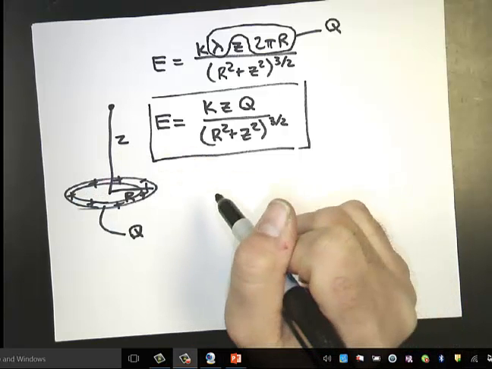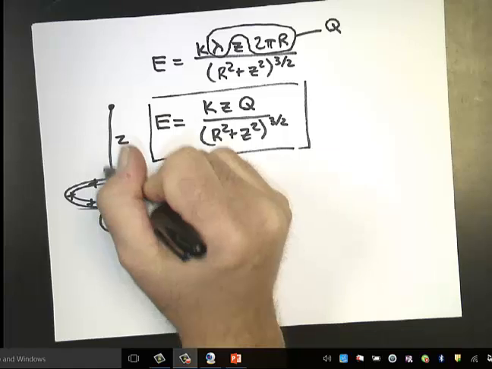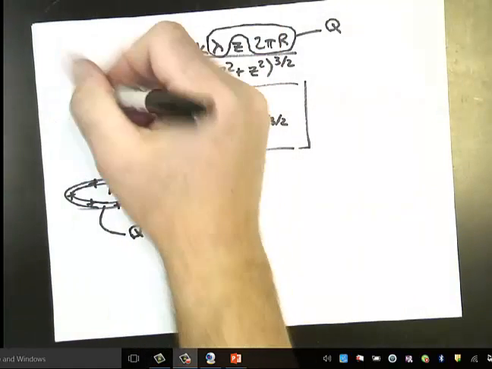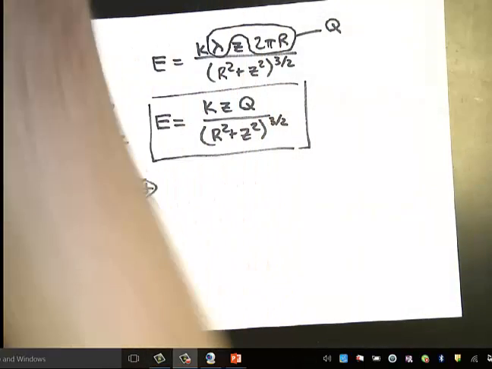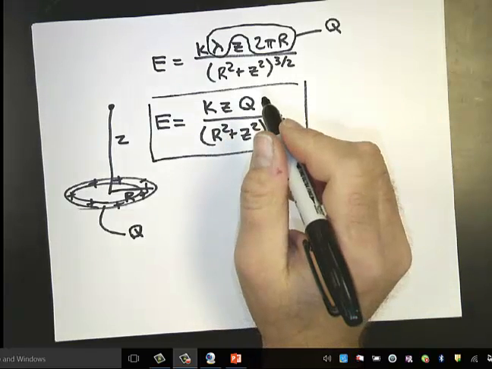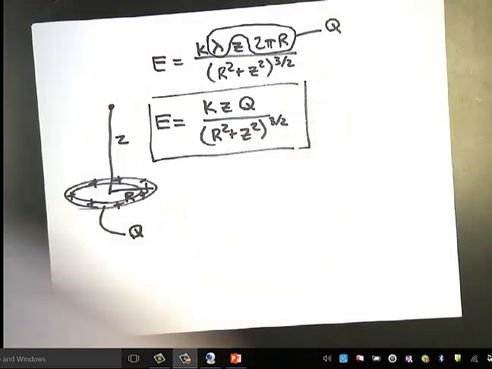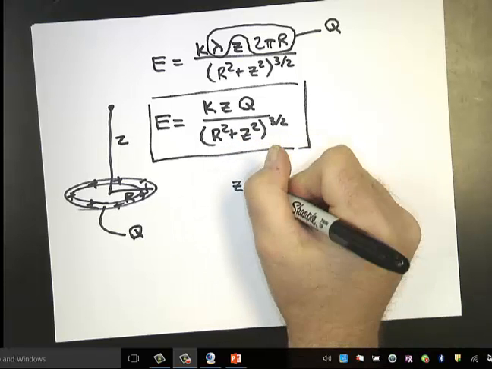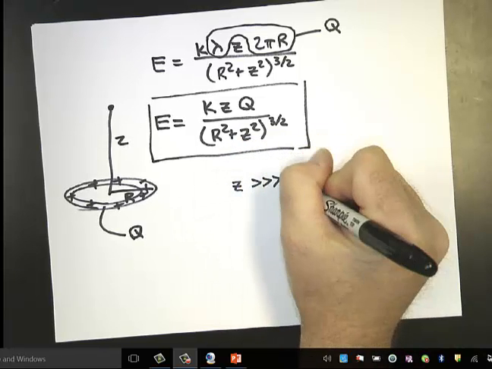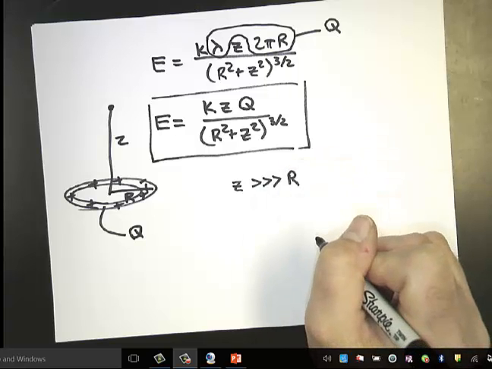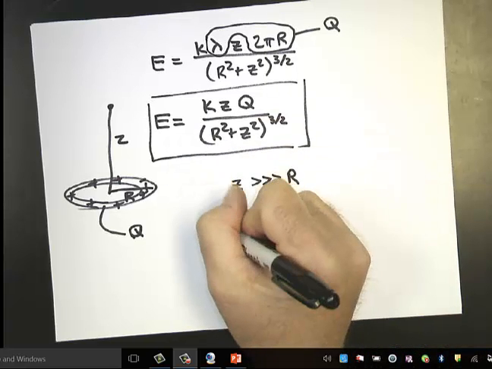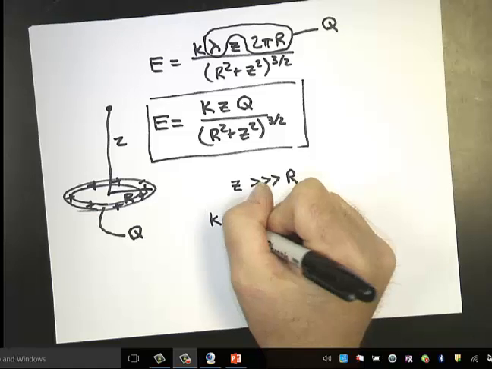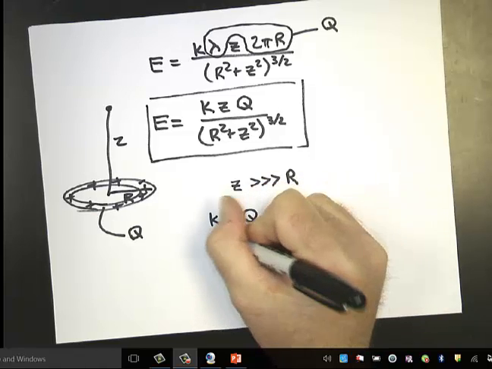Okay, that works. What if z were really, really big? What if we went off the page, off into the auditorium or into Wyoming, and we say, okay, let z be really, really big compared to r. Okay? If that happens, z gets really big and matters a lot.